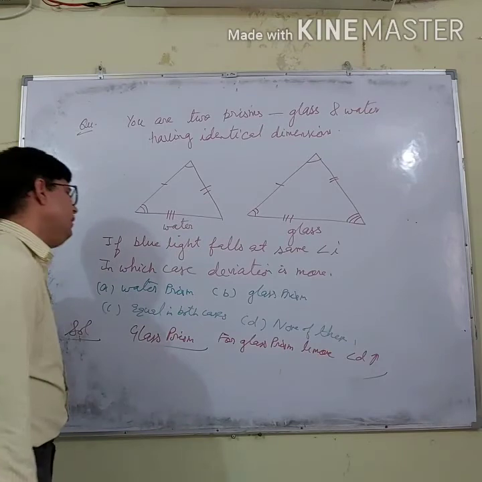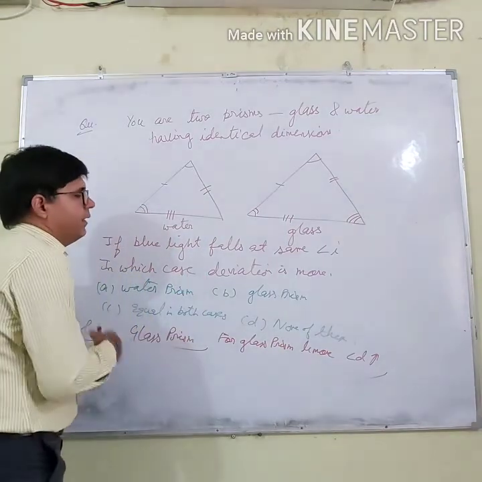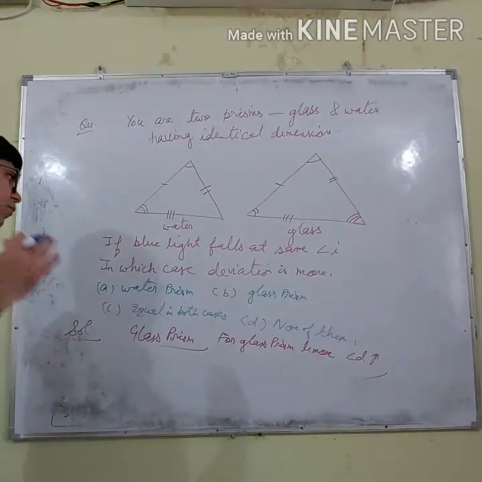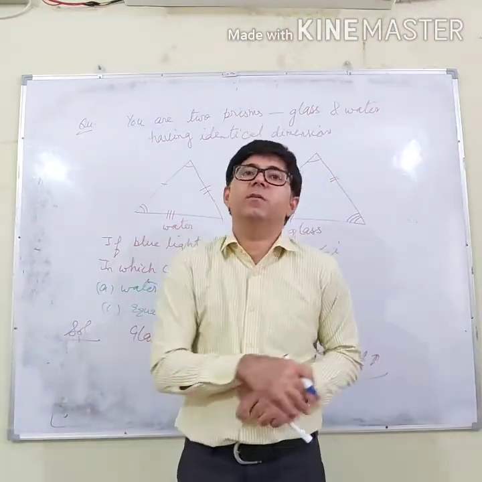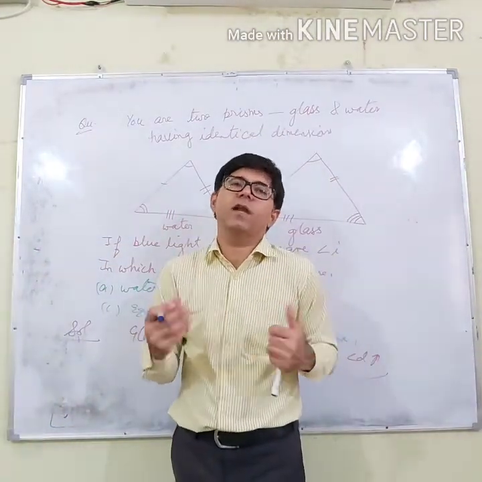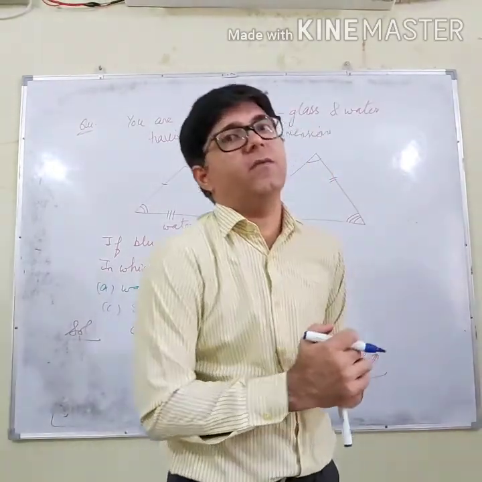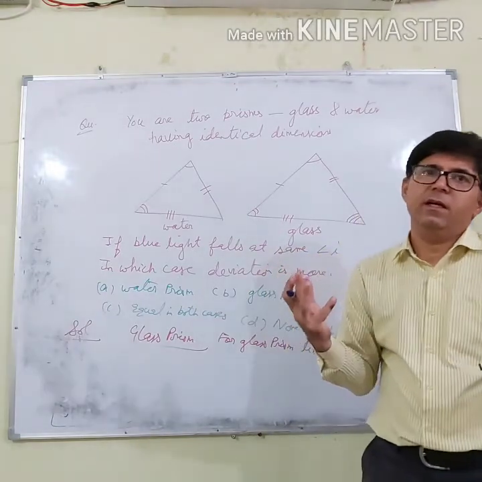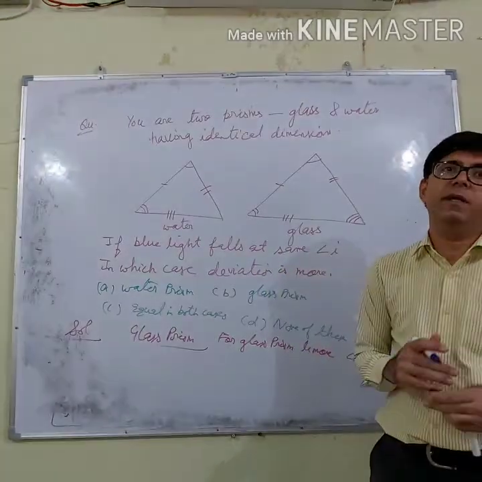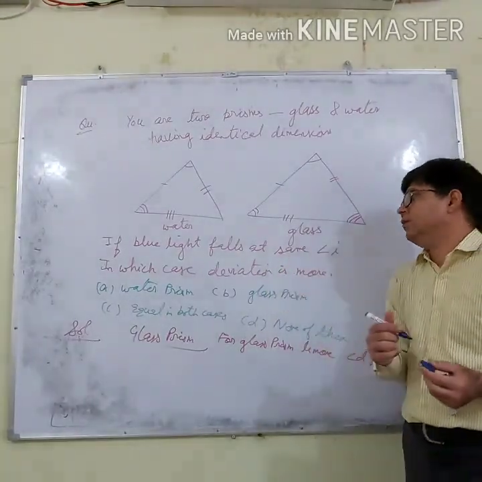So you can say deviation for the glass prism is more than that of the water prism, because the refractive index of glass is 1.5 and the refractive index of water is 1.33. That you have also done in the numericals. So this was about that.